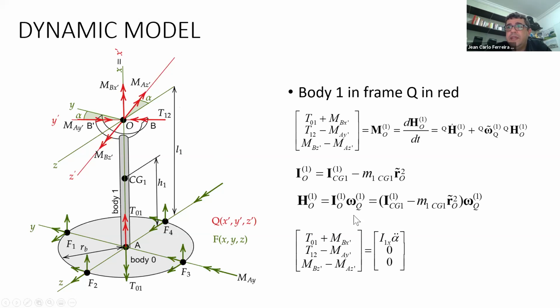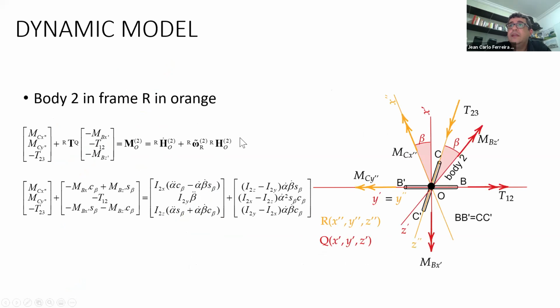Then we can obtain 3 more equations for body 1, and we can do the same thing for body 2. We apply the Newton-Euler law for body 2 in frame R in orange, and we can obtain 3 more equations for body 2.